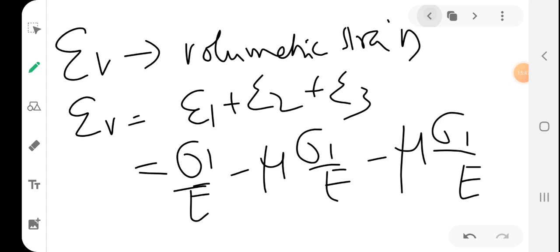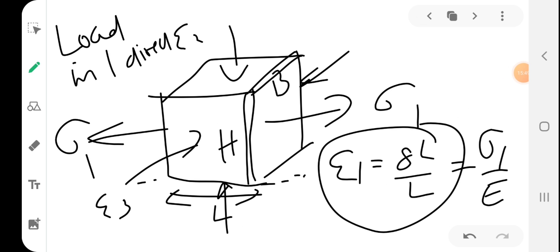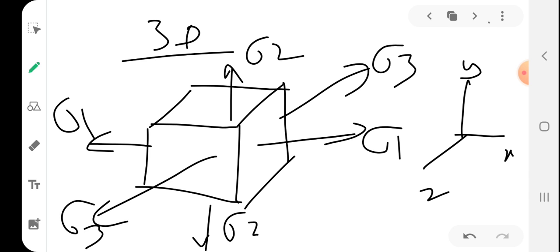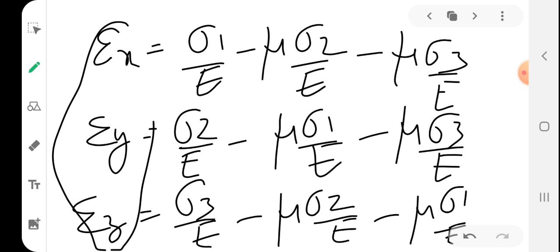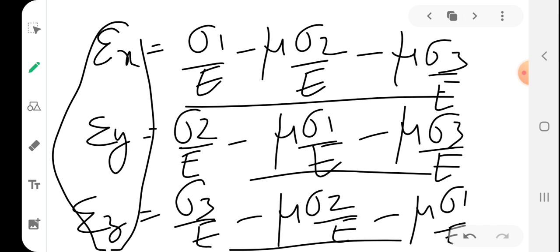So students, in this 3D case, if the body is having load in all three directions, we can write ex, ey, ez, or even epsilon 1, epsilon 2, epsilon 3, because we have three.